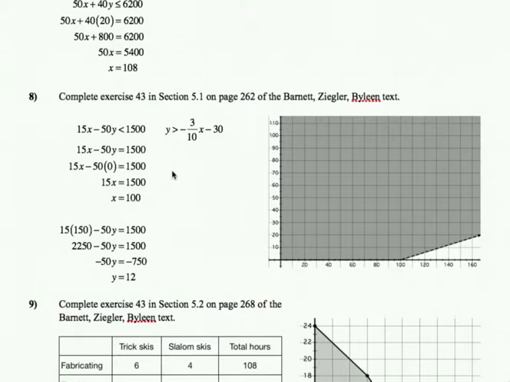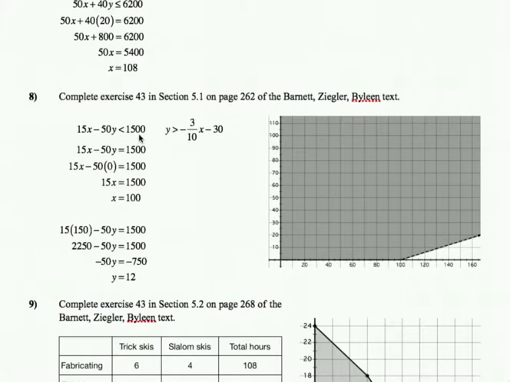Now, I didn't include the x is greater than or equal to 0 and the y is greater than or equal to 0 because those are just everything to the right of the y-axis and everything above the x-axis. The item of interest is this inequality: 15x minus 50y is less than 1500.